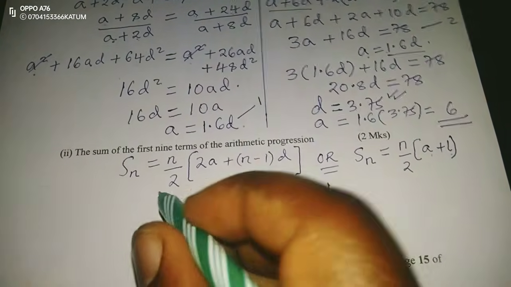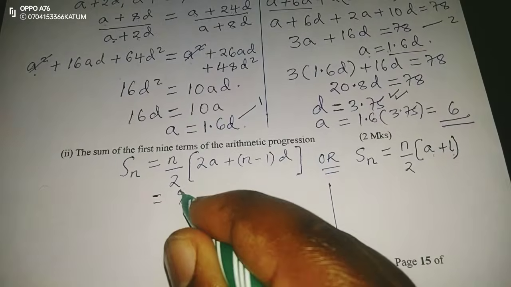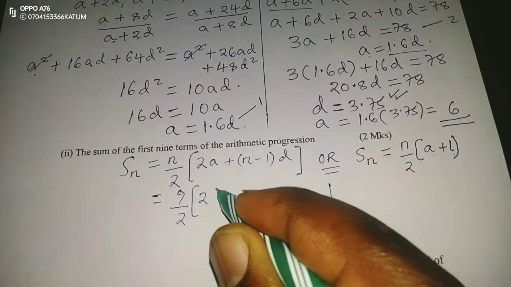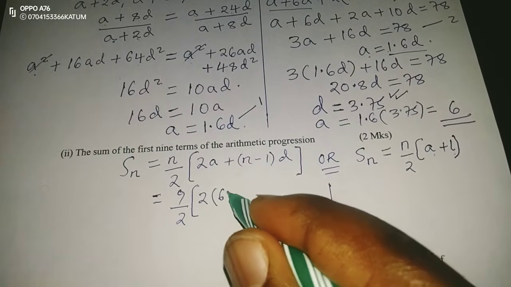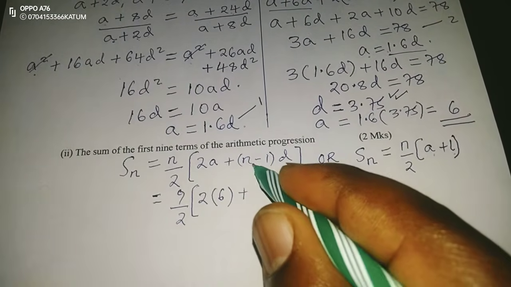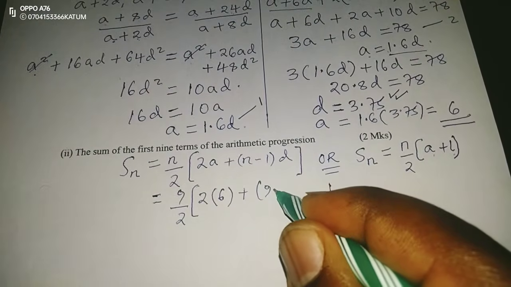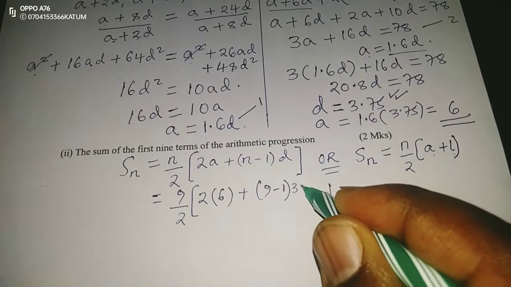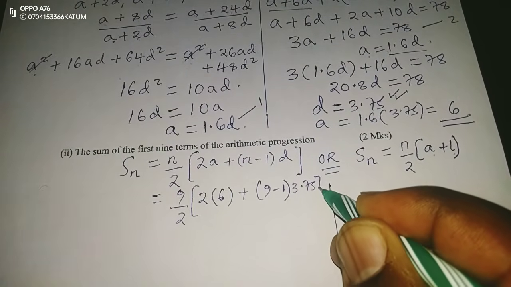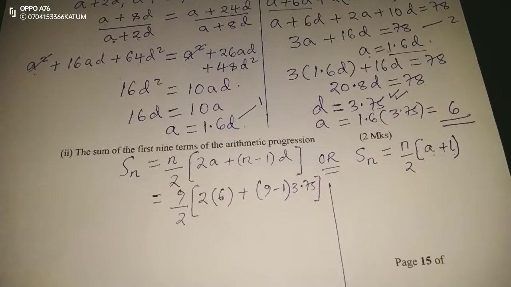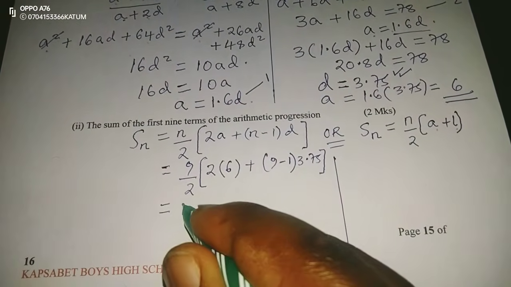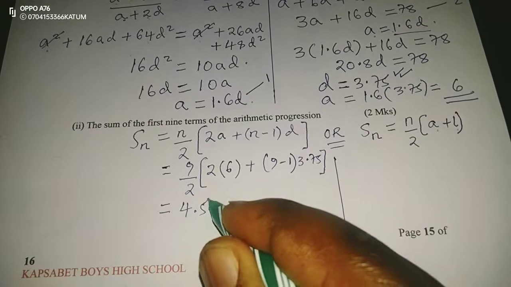The sum of the first 9 terms. So I'll begin with 9, because it's n over 2 into 2 times the first term, which is 6, plus n minus 1, which is 9 minus 1, multiplied by d, 3.75. Let me carry out the multiplication stepwise. 9 over 2 is 4.5.